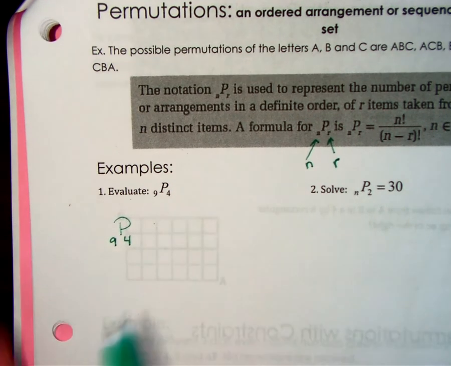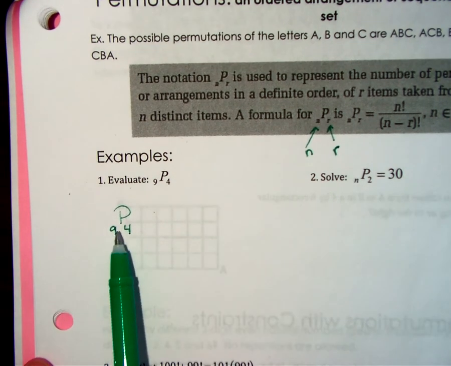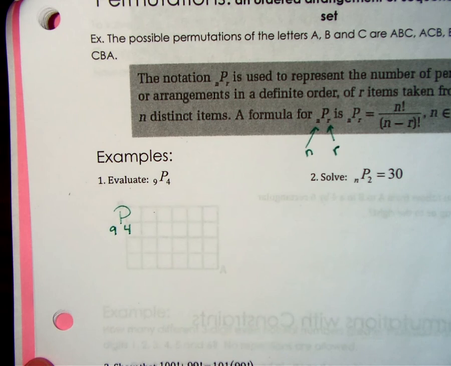9, 4. FYI, your N always has to be bigger or equal to your R. I can't have 4 kids in the classroom and pick 9 of them, right? I say this out loud because some people get those confused, but that should be something that makes you remember that the N is always your bigger number.